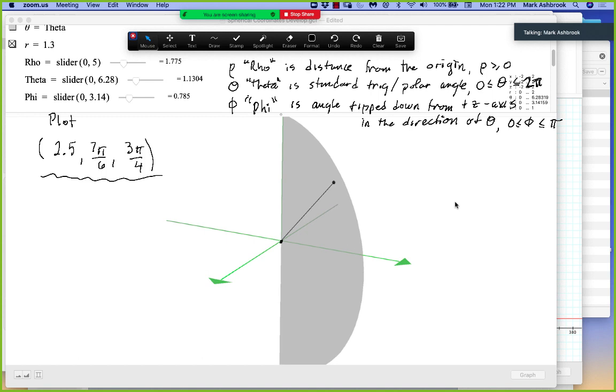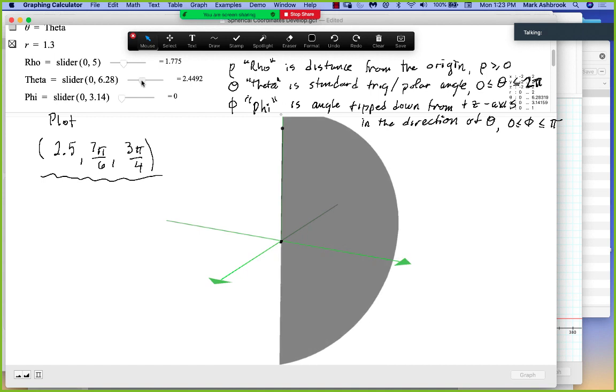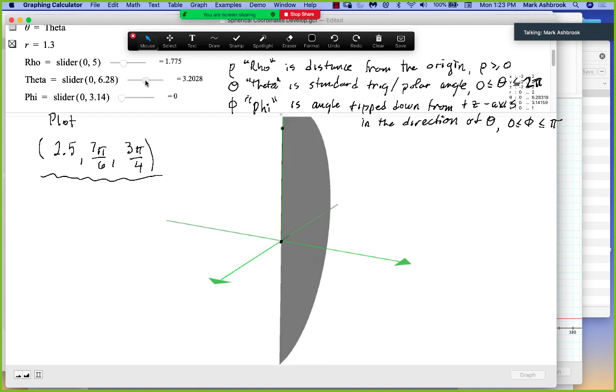Okay, so first we're going to say where is 7 pi over 6 for theta? I prefer doing theta first. So what quadrant is 7 pi over 6? Anybody? First, second, third? It's in the second quadrant. Everyone agree with that?